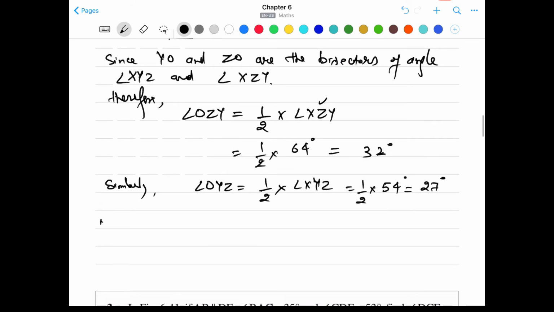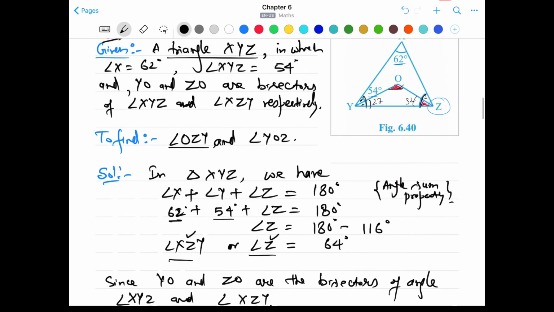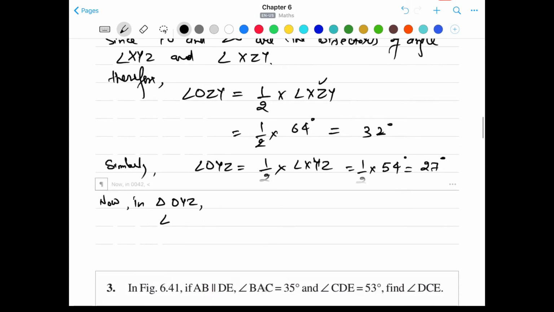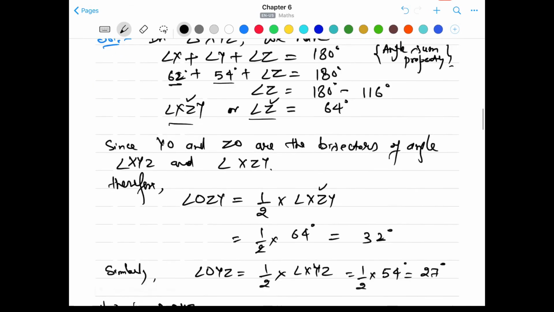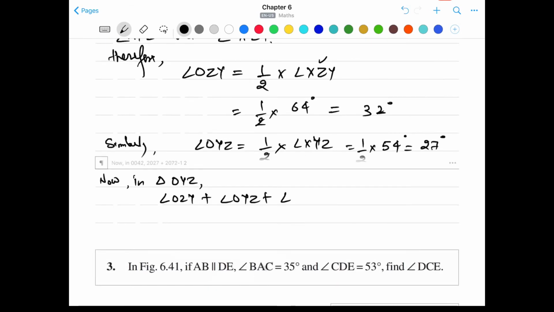Okay, now in triangle OYZ, the sum of angle OZY plus angle OYZ plus angle YOZ, which we have to find, has to be equal to 180 degrees.